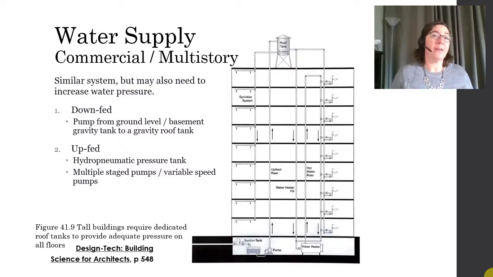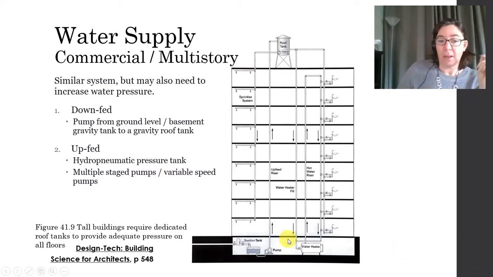A down-fed system, which is what we're seeing in this illustration, is probably the less expensive and older technology. You receive the water here from the municipal water main, it goes into a tank, and a pump pumps it all the way up to a tank on the roof.